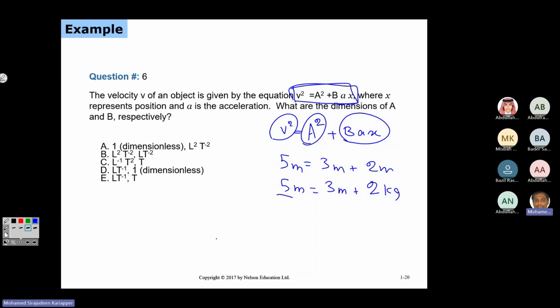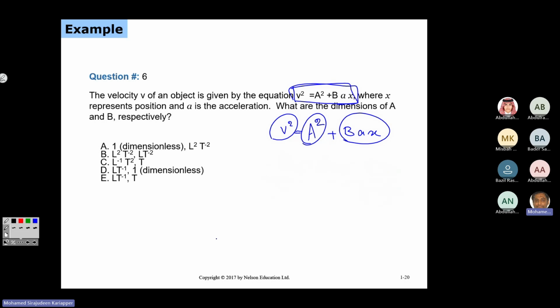The first term is of length dimension, the second term is also length, and the third term is mass dimension. You cannot mix dimensions. Therefore, this is dimensionally inconsistent, or you'll say dimensionally incorrect. So that's what we do when we say we are doing dimensional analysis, to make sure the equation is dimensionally correct.